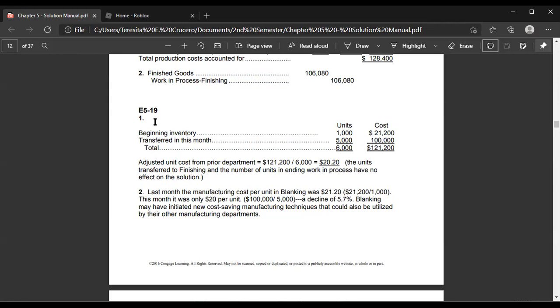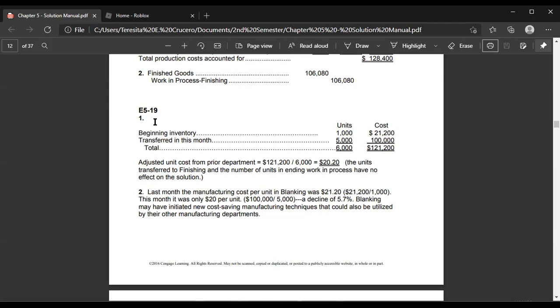Okay, requirement two, based on the amount of the cost per unit of the inventory transferred compared to the cost per unit of the beginning inventory, why might management want to do a cost study of the blanking department? Last month, the manufacturing cost per unit in blanking was 21.20, dividing 21,200 by 1,000 units.